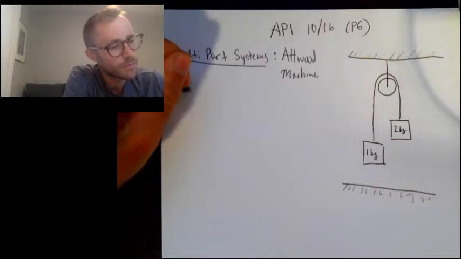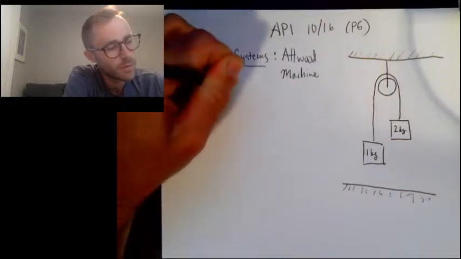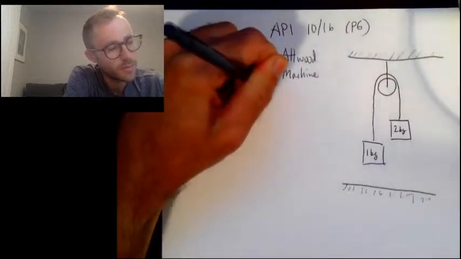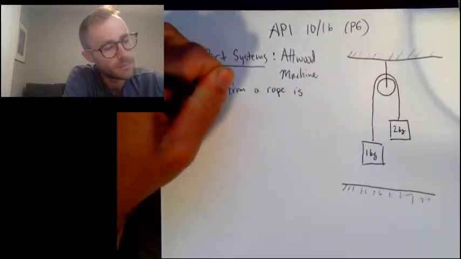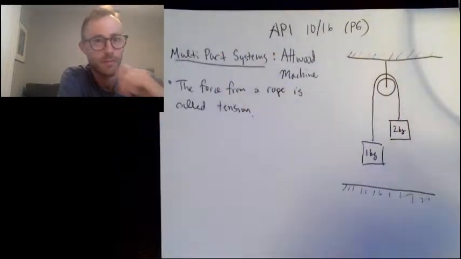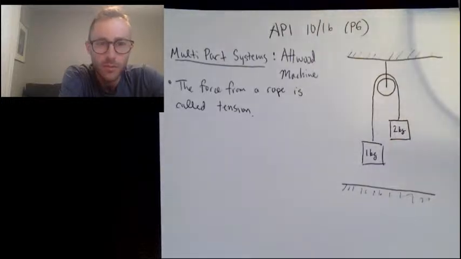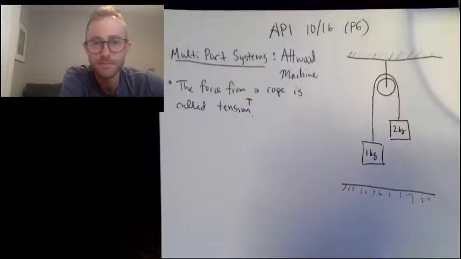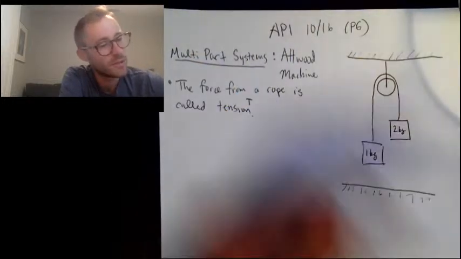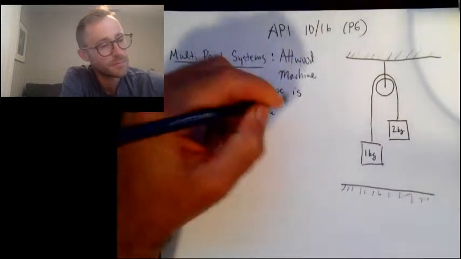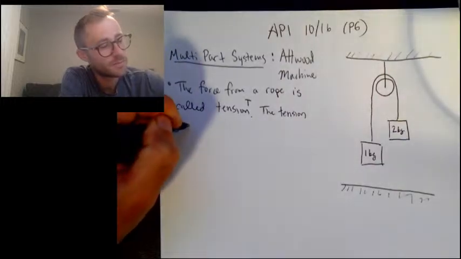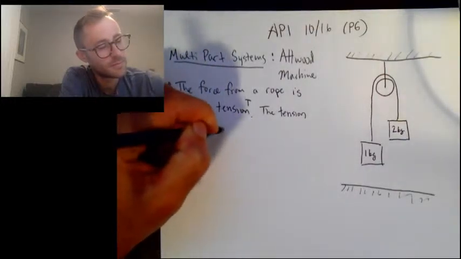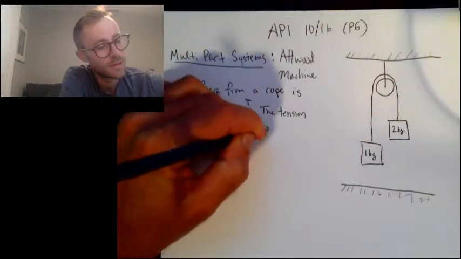The force from a rope is called tension, which is denoted by T. And the tension at each end of the rope is the same.